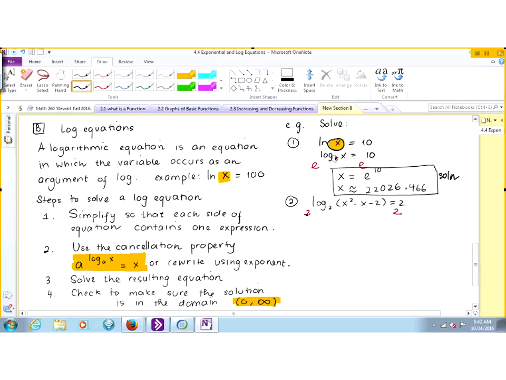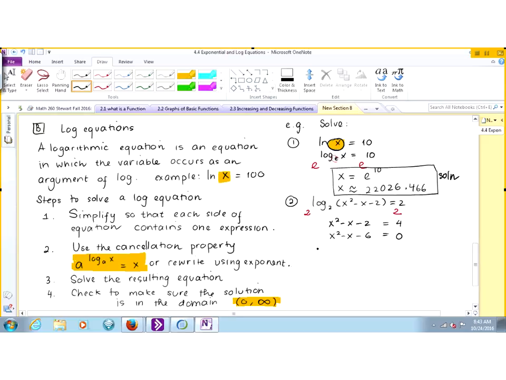All right. Now, what is 2 raised to the log base 2 of x squared minus x minus 2? x squared minus x minus 2 is equal to 4. Yes. And then we know how to solve these, don't we? So x squared minus x minus 6 is 0.